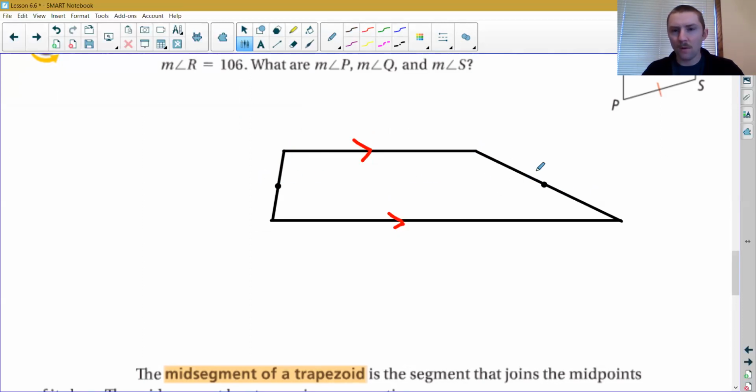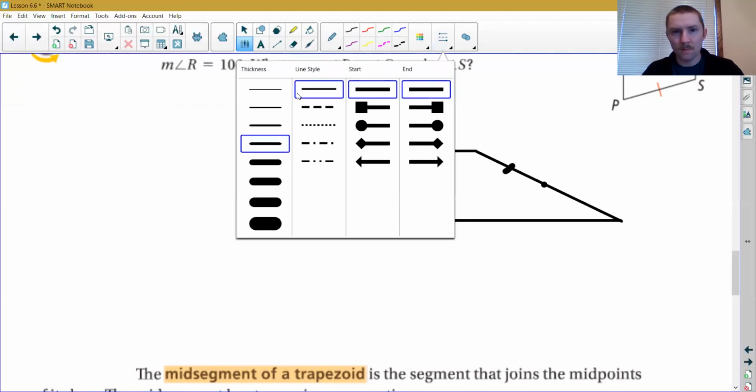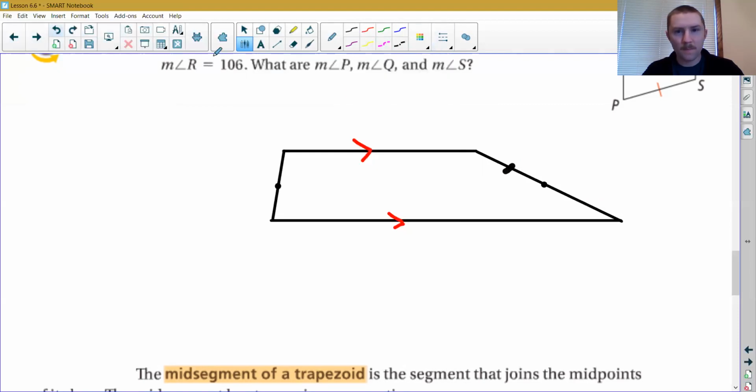Okay, those are the two midpoints of the legs. That cuts this into two equal pieces, and then it also cuts this one into two equal pieces. So they're the bisectors, if you will, of these legs.